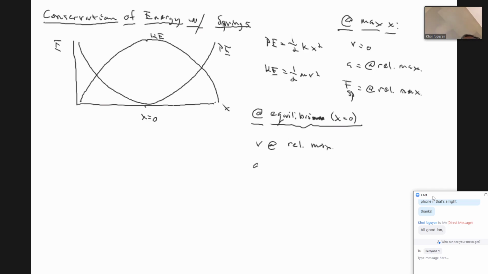And at that specific point, acceleration is equal to 0, and that leaves your spring force or your restoring force equal to 0 as well. So just know that's what's happening. You're converting from one energy state to the next energy state, and anywhere in between, you have both kinetic energy plus potential energy.